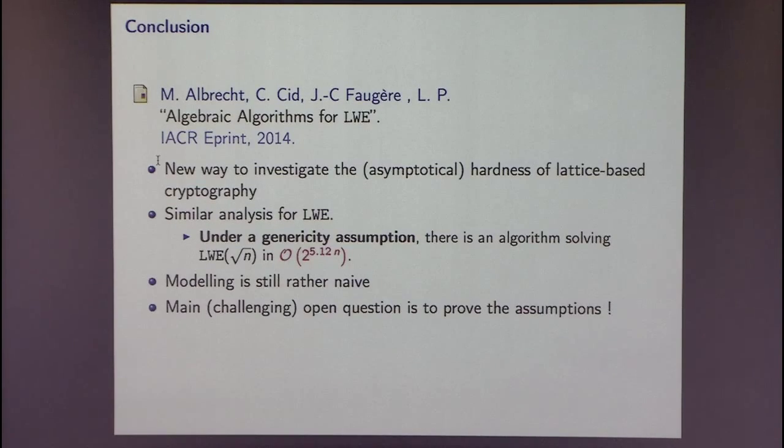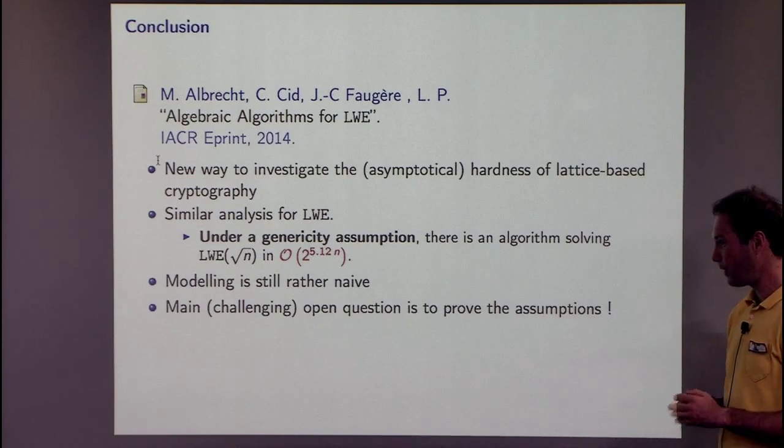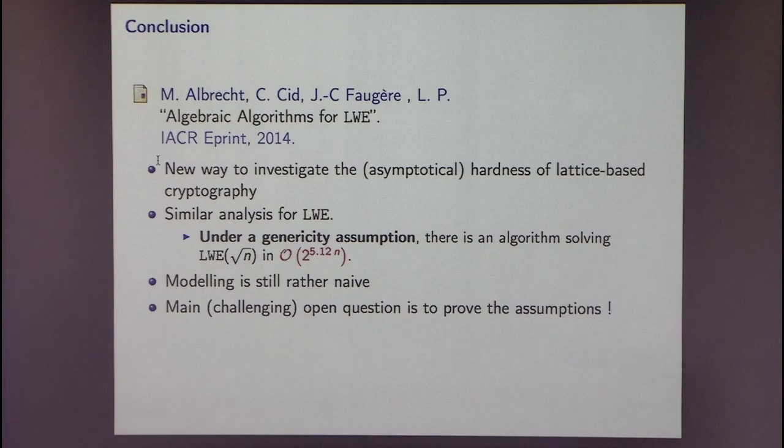But here we want to construct a family of matrices which have a specific rank. For the moment, we are trying to take a very simple example of matrix, see what the corresponding Macaulay matrix is, and try to prove this by hand. It's clear that we are going to be able to prove it maybe in restricted cases, but it's probably not possible to prove the full assumption in this way.